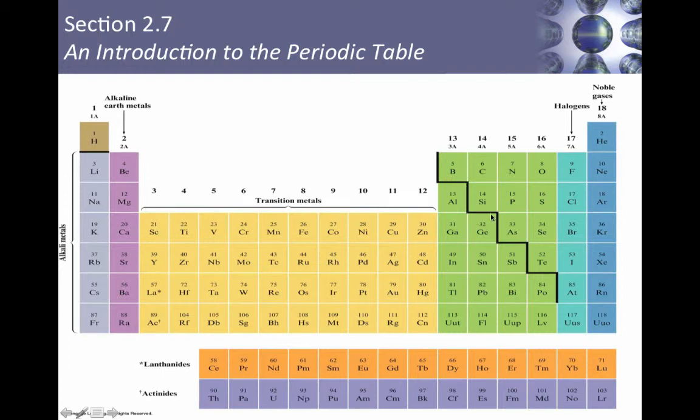Remember this stair-step line here? That breaks off our metals from our non-metals, and then we have our few here right around the line that are our metalloids that have some very specific properties. And then on the far right of the periodic table, we have our nonmetals. Don't forget our friends, the halogens and the noble gases.